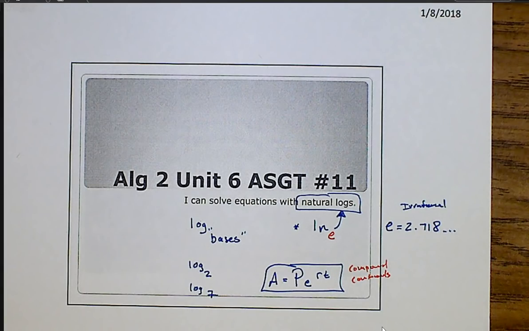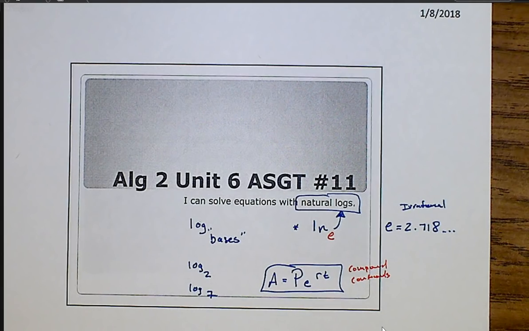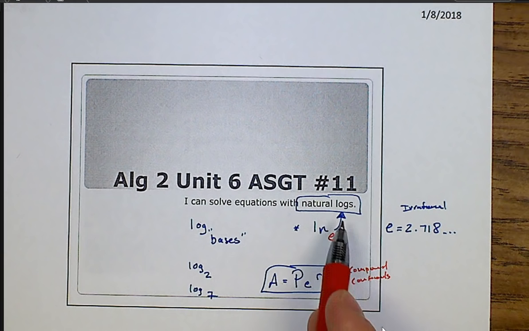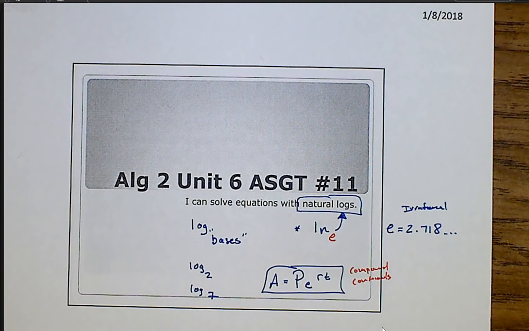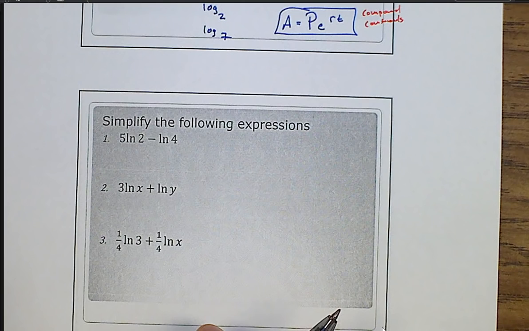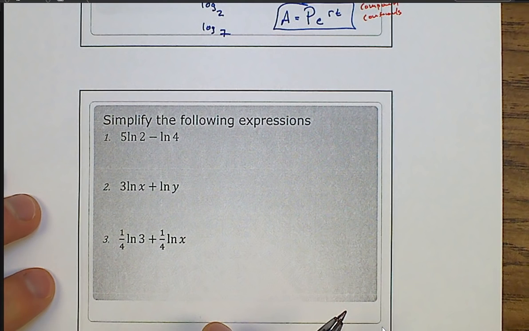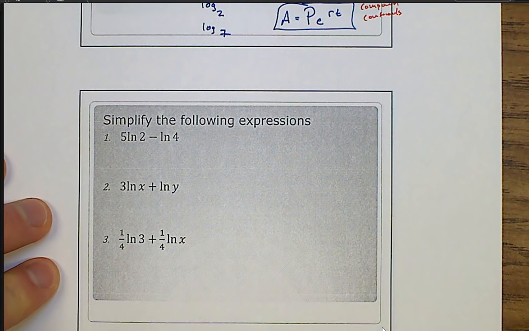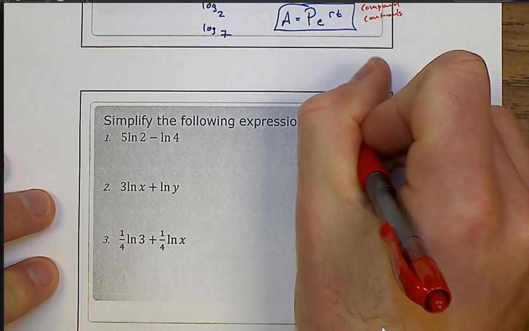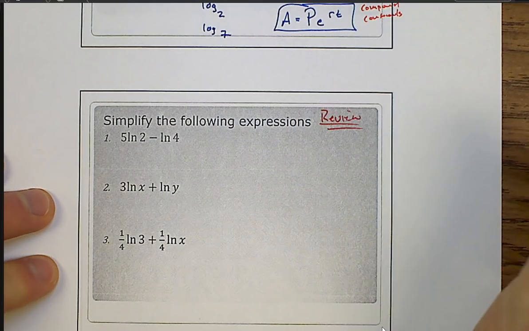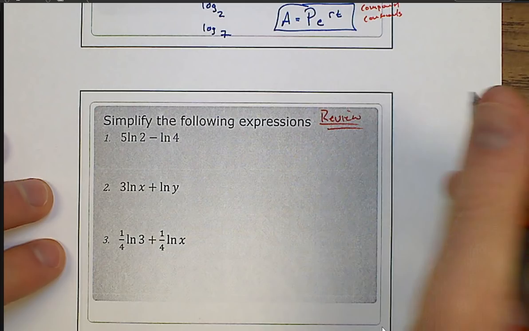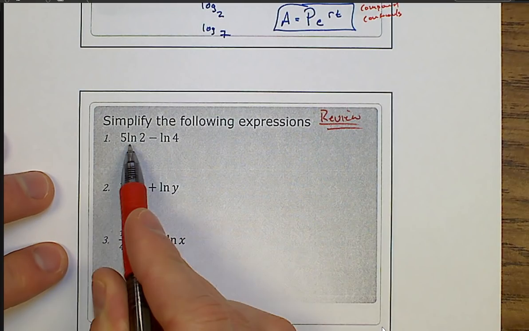So what we're going to be doing is solving equations with natural logarithms, but before we do that, we're going to get into some of the properties. When you look at these three examples, what I want you to understand is that this is all review. All the properties that we learned with logarithms, you can do with ln. These problems look very familiar to you.